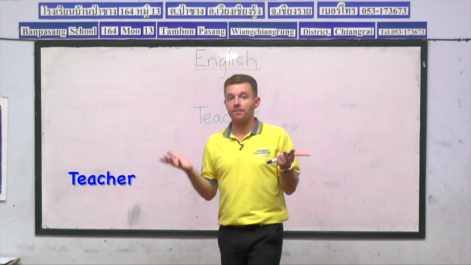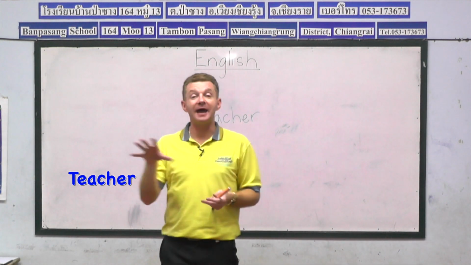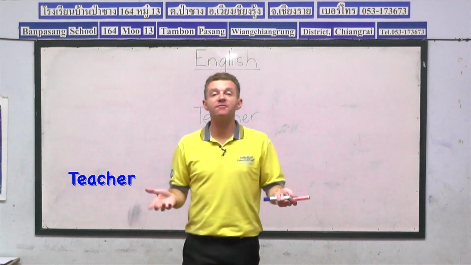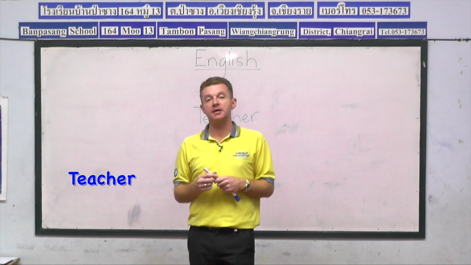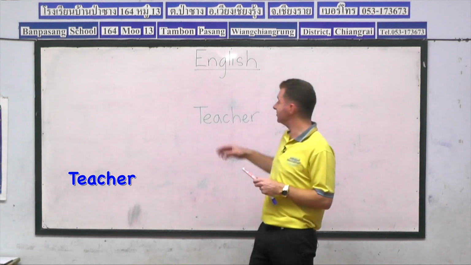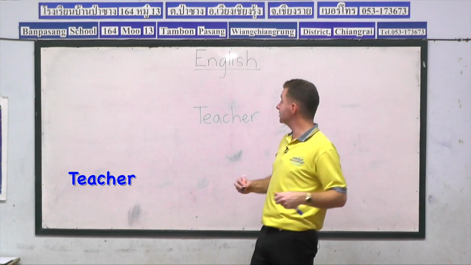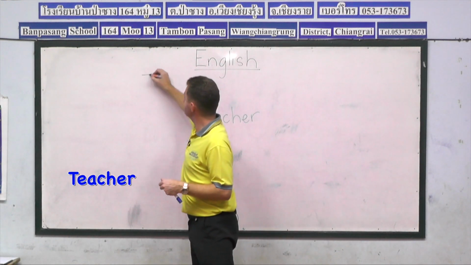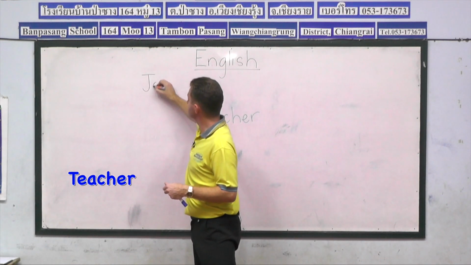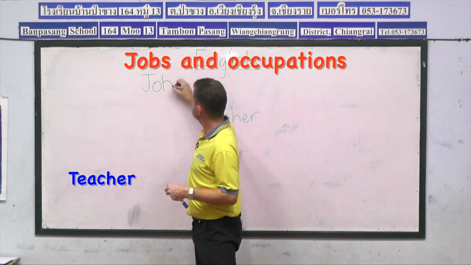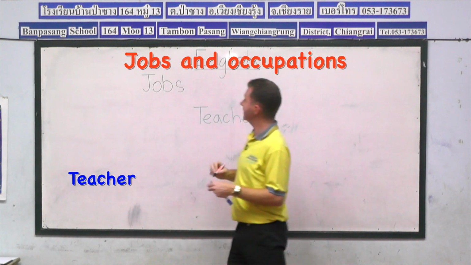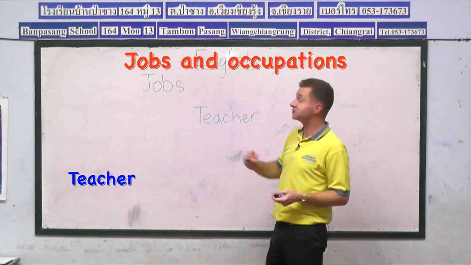When we're grown-ups, after we leave school and leave university, we have to do things for us to earn money. Such as being a teacher, we have to be having jobs and occupations. So let's write that phrase on the board first, guys. Jobs, J-O-B-S. Jobs.